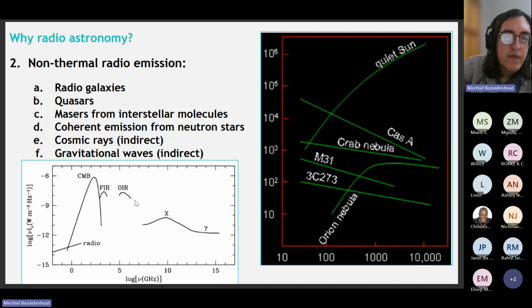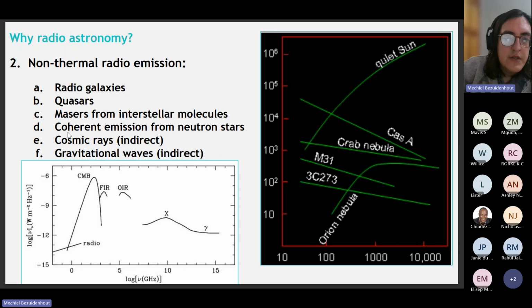Infrared and far infrared and near infrared also have similar kind of black body-esque spectra. And then at X-ray and gamma rays, they have kind of weird spectra. I think often that involves Compton scattering. That's why they look so weird, I believe.